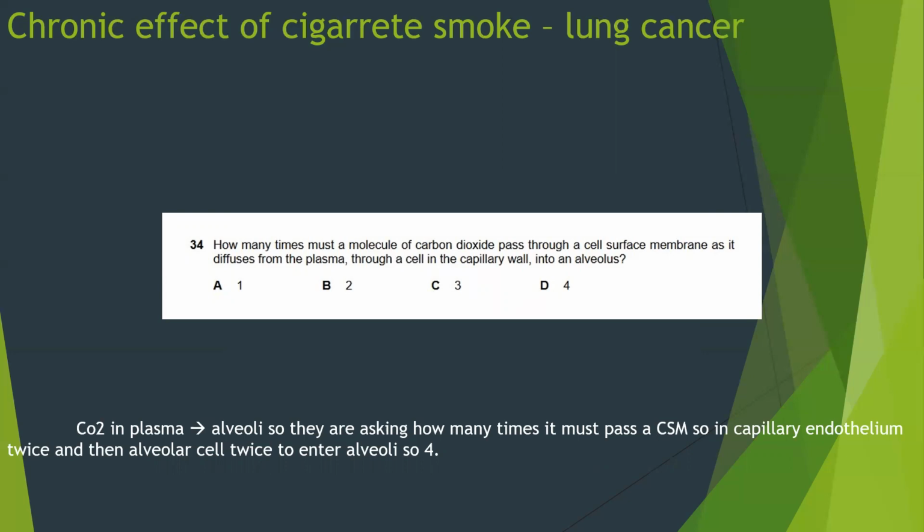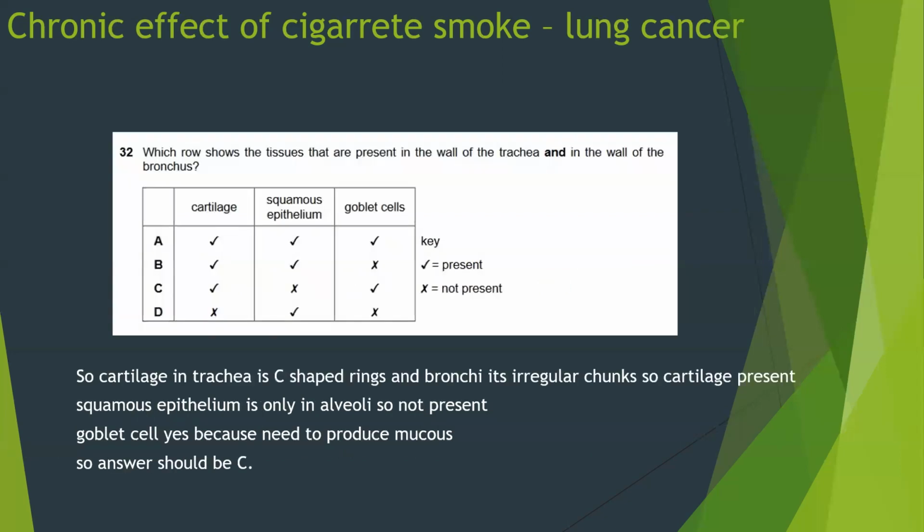So if you take it that it passes through one cell in the endothelium and one cell in the alveoli, then for one cell, you cross one cell surface membrane to enter that cell and then another to leave it, so there'll be two. So per cell, it crosses two cell surface membranes. So the answer should be D, which is 4.